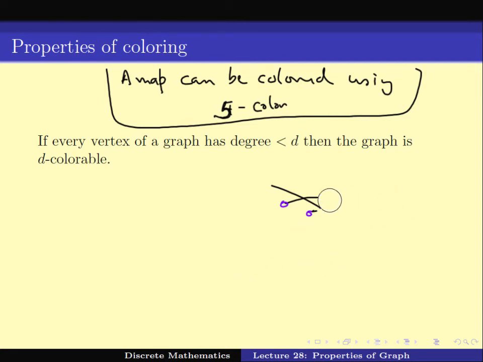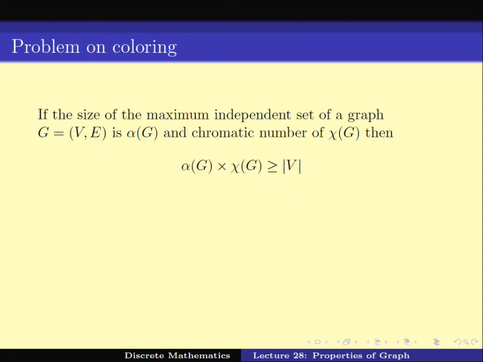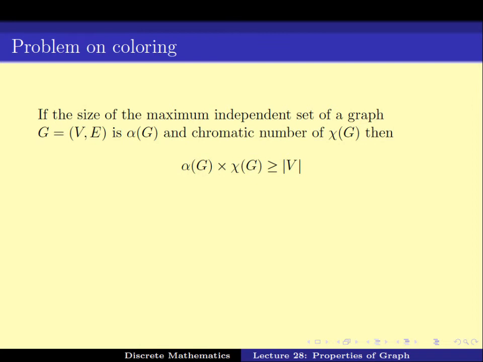Now, one more problem on coloring. If alpha G is the size of the maximum independent set and chi G is the chromatic number, meaning the number of colors required to color the graph, then prove that the product of them is greater than or equal to the size of V. Now why is it so?